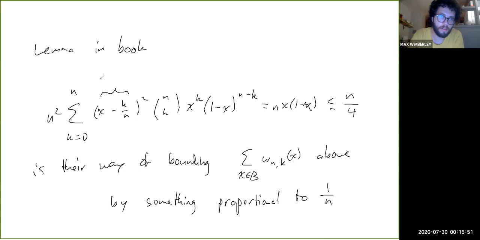This is approximately 0 when x is approximately k over n. So that's in the A series.